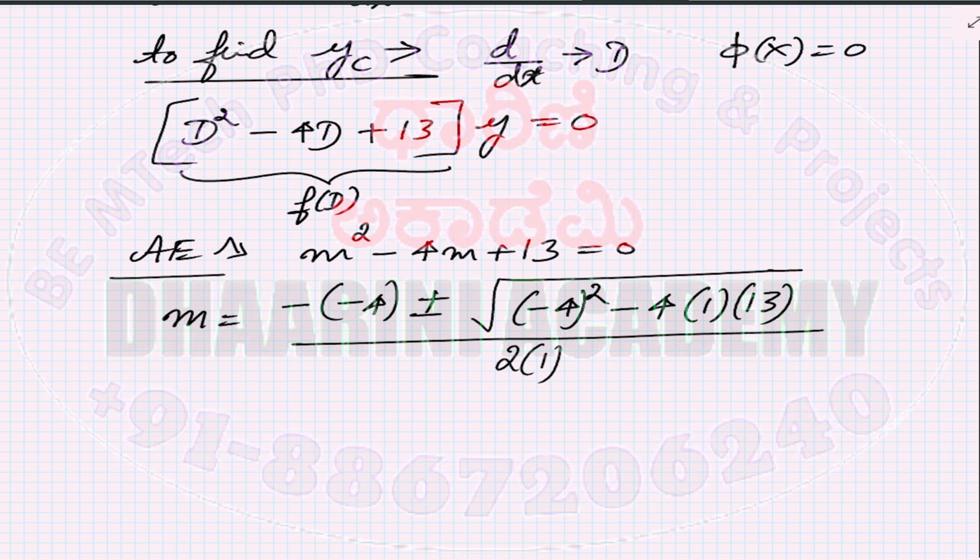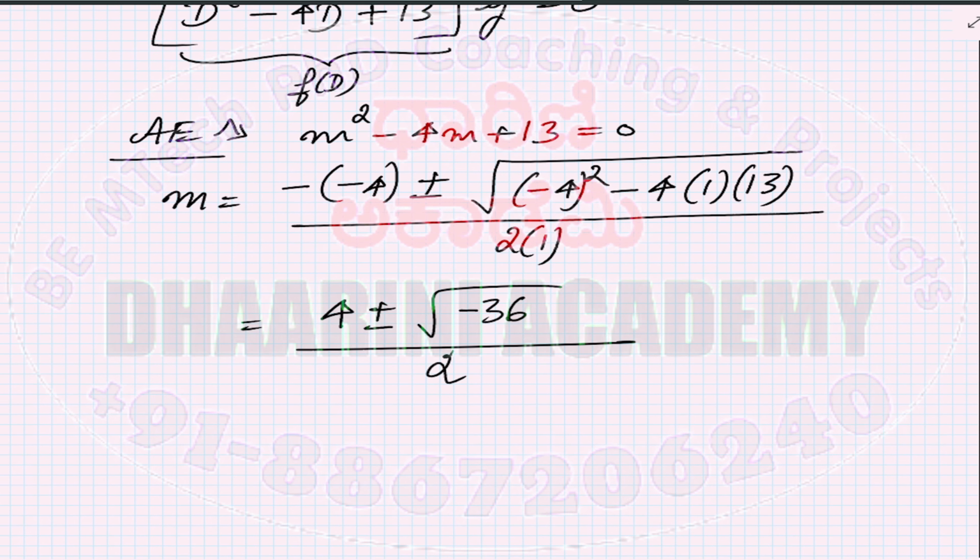So I have two roots coming up, both the roots can be calculated using this. So this means it is 4 plus or minus, see there is a 4 square is 16, 16 minus 52. So from 52, if you subtract 16, I think it's a 36. So plus or minus under root of minus 36, whole divided by 2.